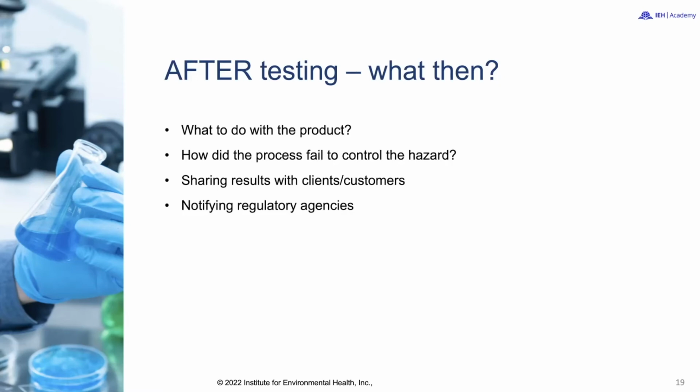One of the things that we haven't talked about, but is extremely important when you do pathogen testing, particularly for finished product, is you need to make sure that product is on hold until you get results back from the testing facility. So if you send out samples for pathogen testing and you go ahead and release that product, and the product comes back as being positive for a pathogen, you quite likely are in a recall situation.